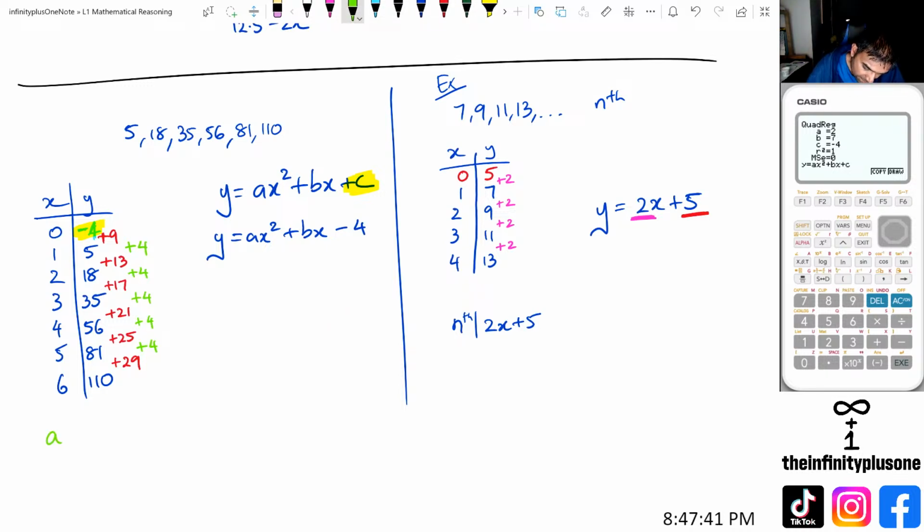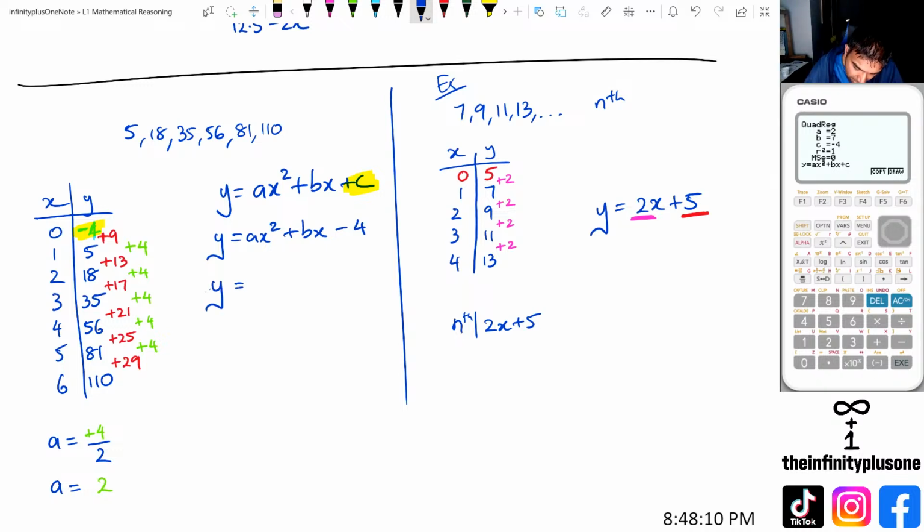So the a value, whatever the second difference is, you divide it by 2, and that's your a value. So a is equal to whatever the second difference is, in this case plus 4, divided by 2. So a equals 2.